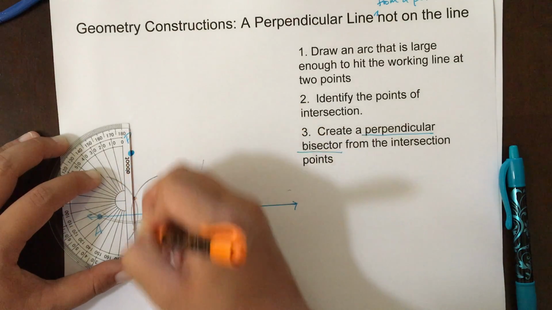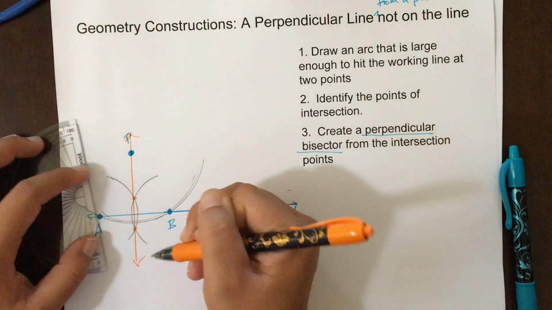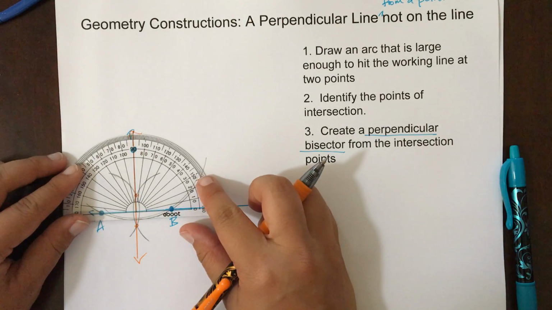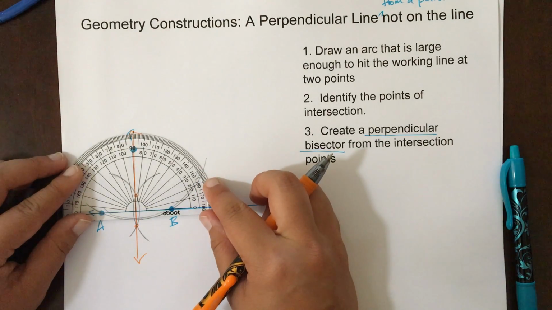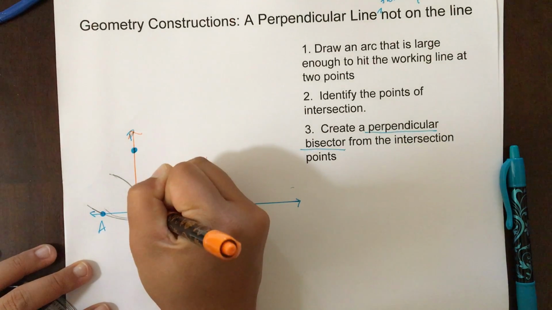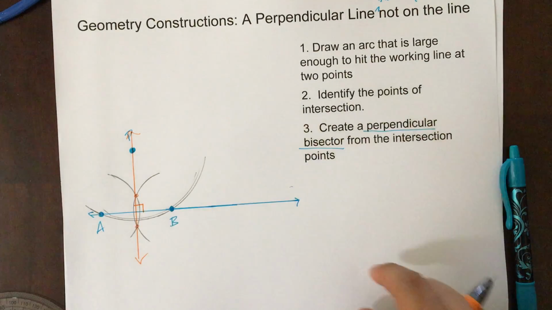Nice. Awesome. Okay. Let's check if this blue line and this orange line are perpendicular. Indeed, they are perpendicular, which is awesome. So I could draw in a little box here to indicate that it is 90 degrees.